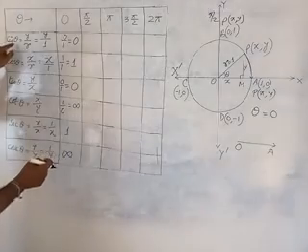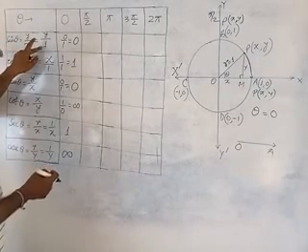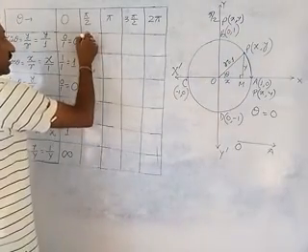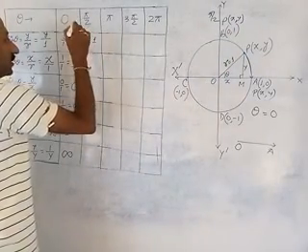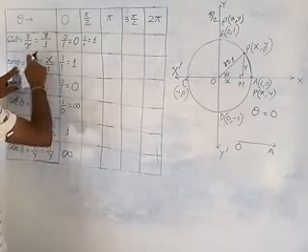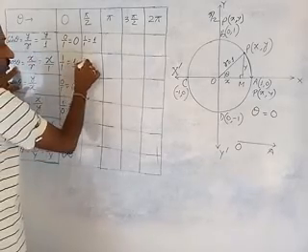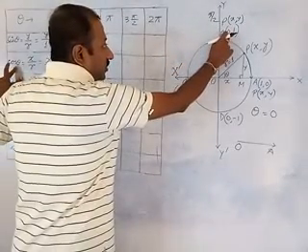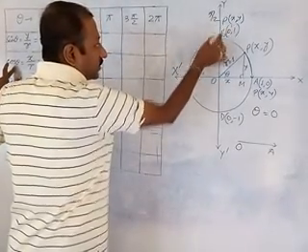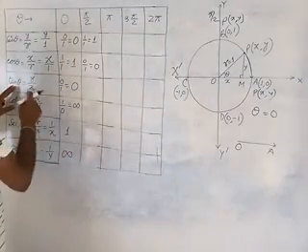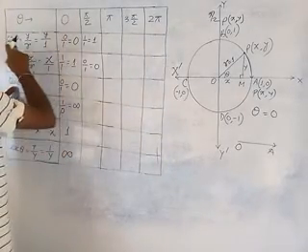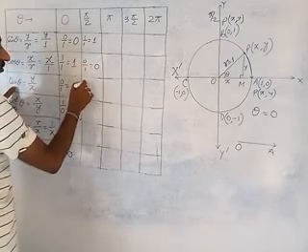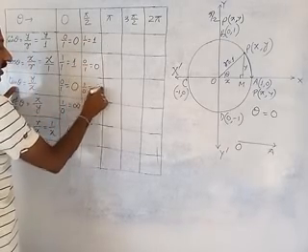So here sin theta is y by 1, and y is 1, so 1 by 1 means 1. Cos is x by 1, so 0 by 1 equals 0, since the value of x is 0. Then tan is y by x, or sin theta by cos theta, which means 1 by 0. 1 by 0 means undefined.